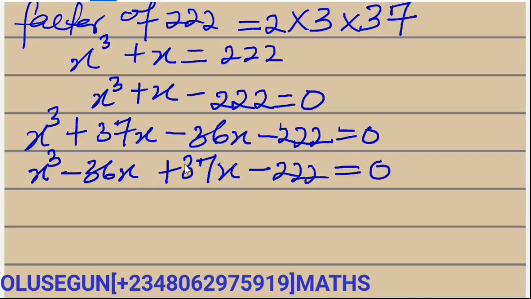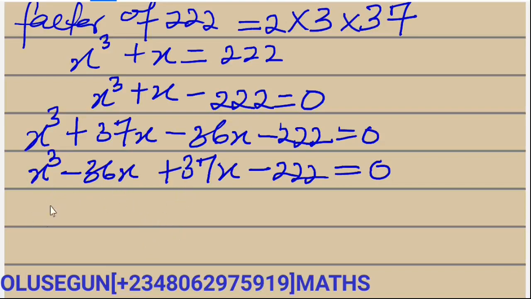What I'm just trying to do is, by the time I divide this 222 by this 37, I will still get something like 6 because of the factor, and the 6 will relate to this 36. That is why I'm trying to rearrange. You can factorize immediately with this, but in radical equations like this, you have to consider some things in a way to get your factor easily.